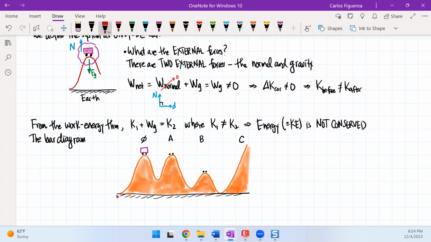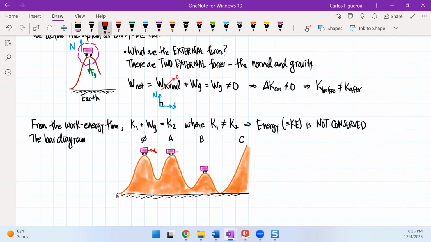So we know that it's moving in this direction with some speed at 0. Then this cart gets to point A, and then we're going to be looking at point B. So I'm looking at 3 places here.